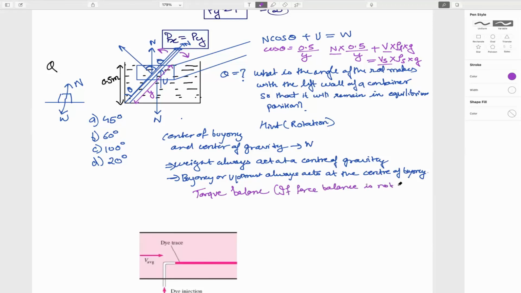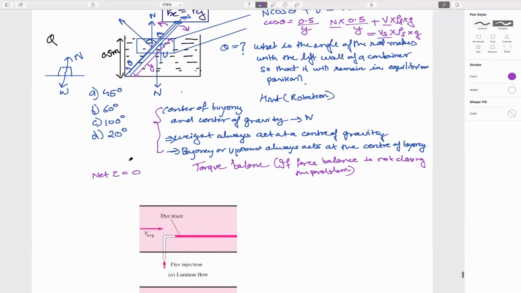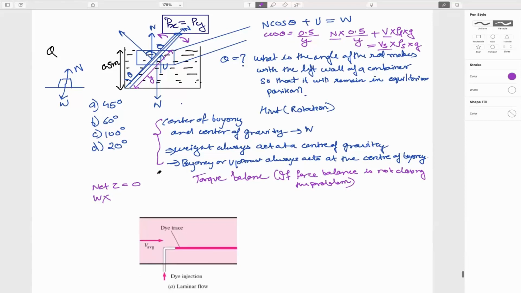So the torque acting, I told you how the torque is acting in this. Torque balance means the net torque should be 0. And when the net torque is 0, then the weight, I told you, acts at the center of gravity.